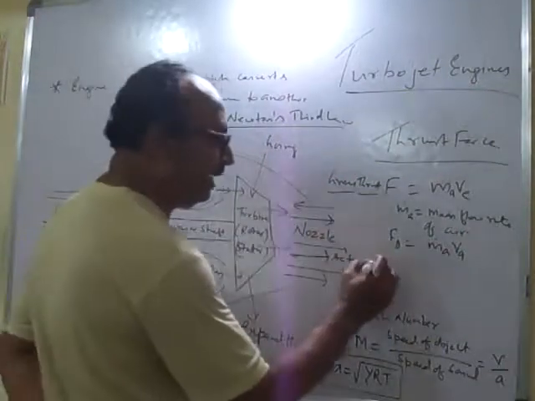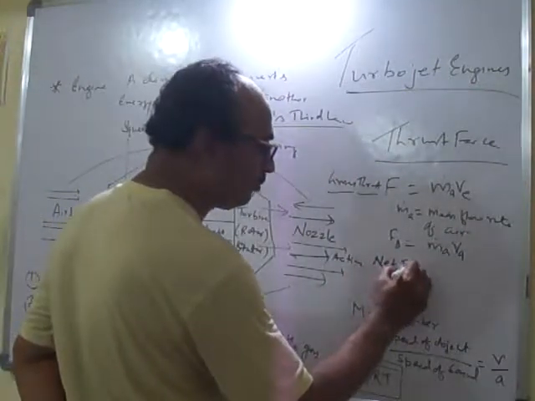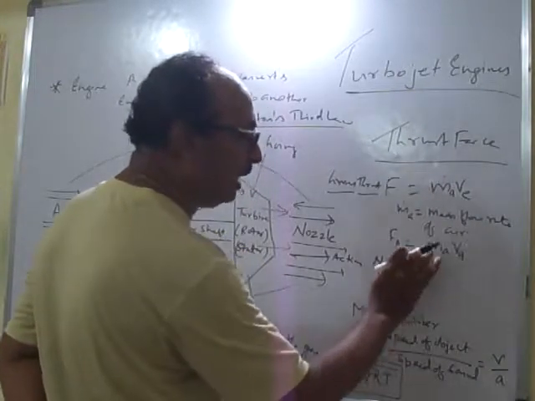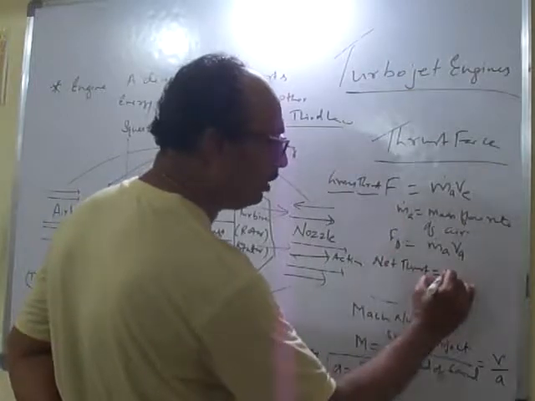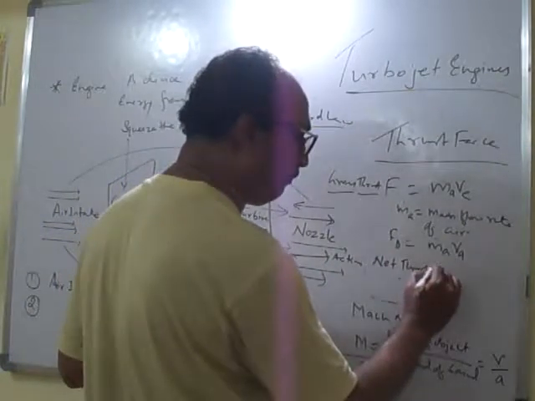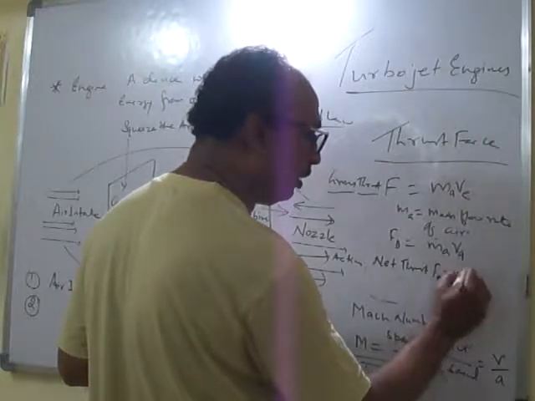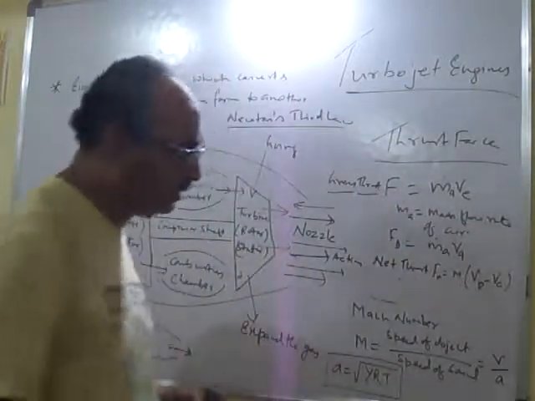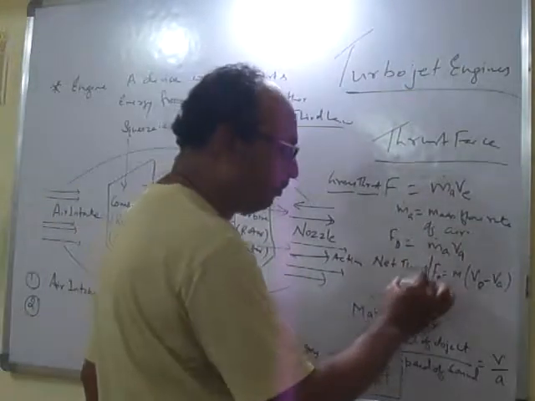So you can say that net thrust will be equal to this gross thrust minus this drag force. So net thrust Fn is equal to M dot (Ve minus Va). So this is the explanation for thrust force actually.